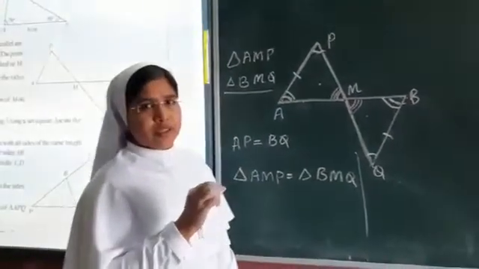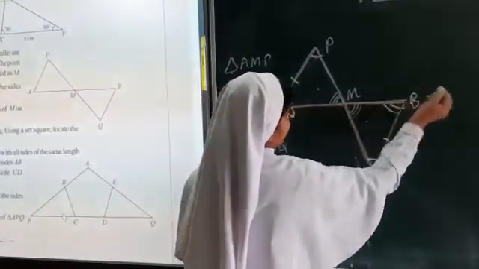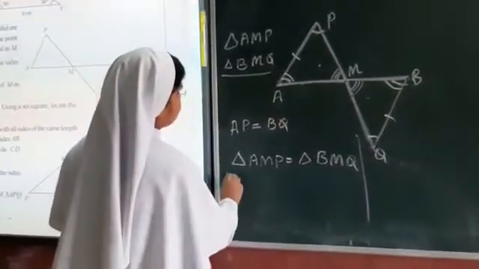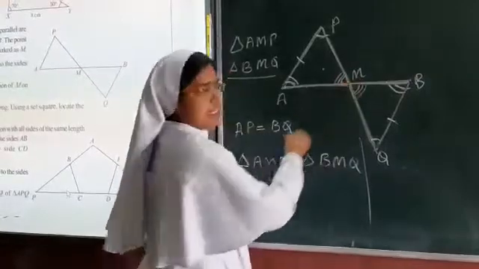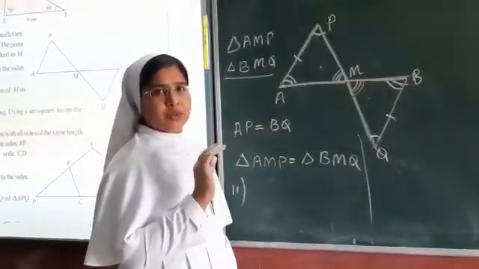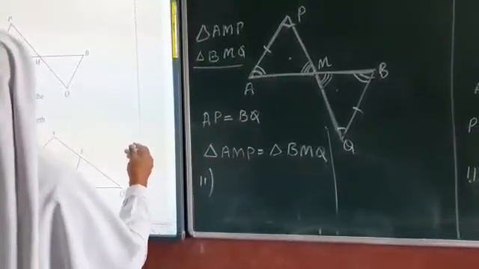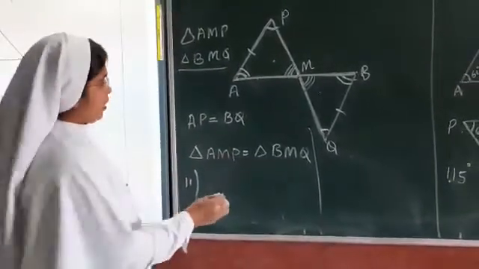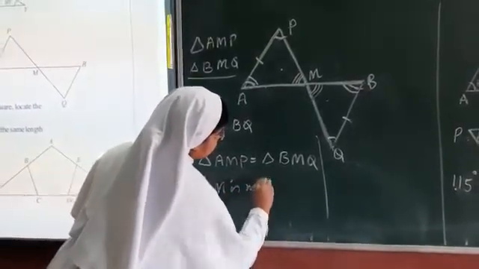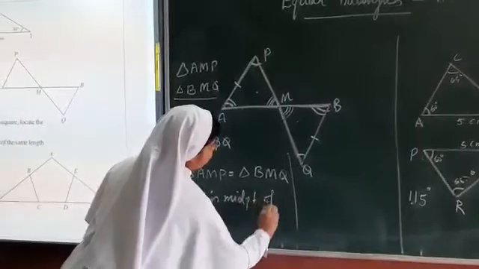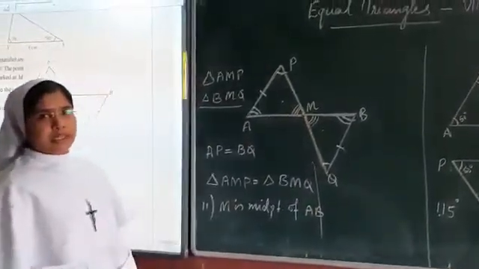In the earlier note in the class I have said that this is the midpoint. So for the second part, we can say that since M is the intersecting point, it is the midpoint. M is the midpoint of AB, because that is the intersecting point.